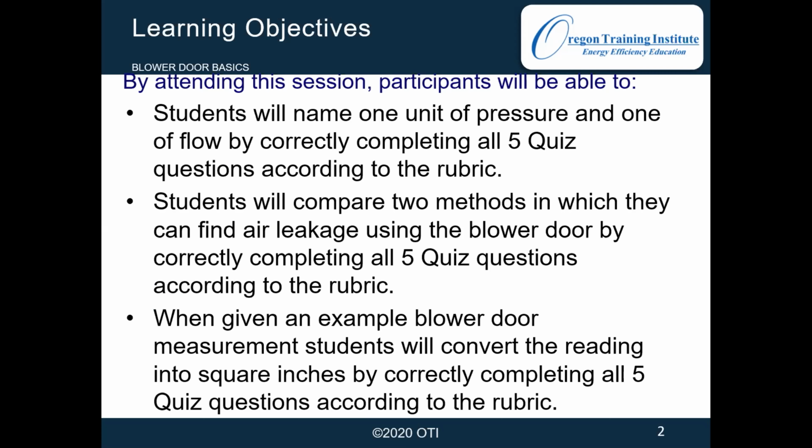We'll be looking at different ways that we can find air leakage using the blower door, and you'll learn some conversion factors about how to use the blower door number to quickly find the square inches. That way we can help the crew find the leaks.